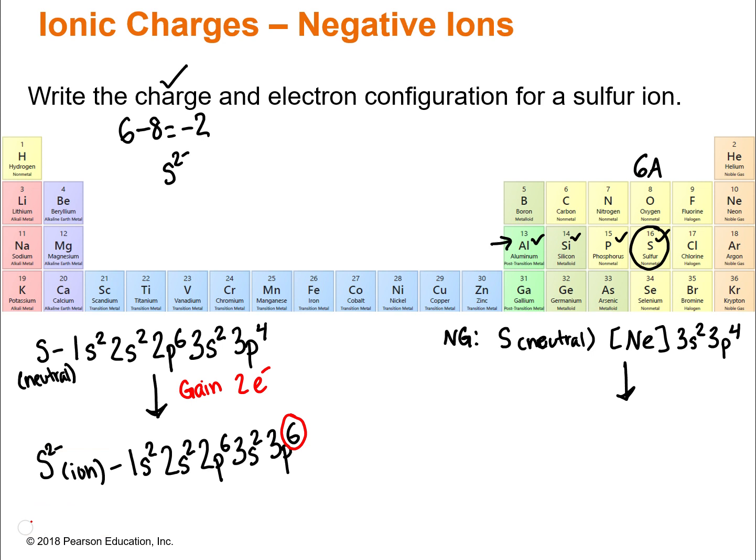When we add 2 electrons, does anyone have a guess as to what noble gas it's going to look like after we add 2 electrons, because we're completing the 3p, what should it look like? It looks like argon.